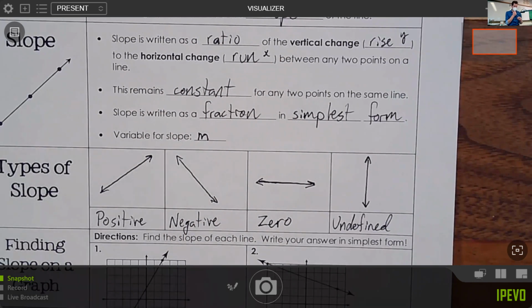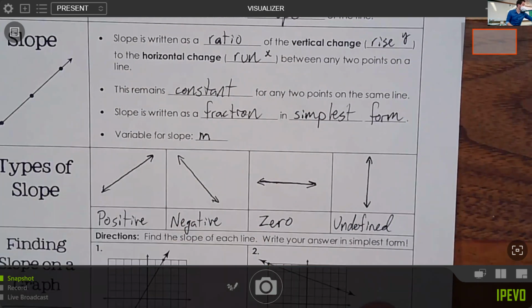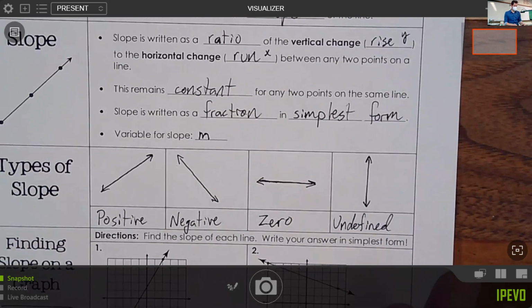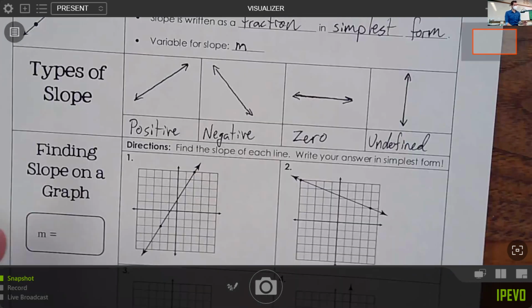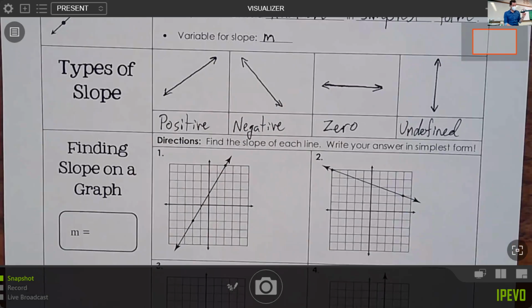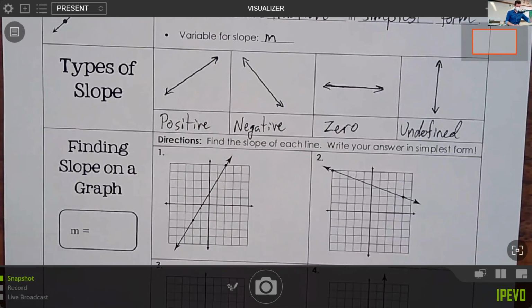All right. So what we're going to do now is finish off this first page, and then we're going to do the exact same thing for the second page as well. And I'll have you work on some of those on your own. But we're going to start down here. We're going to figure out the slope of each line. And always, I'm going to make sure I write a note of this over here.